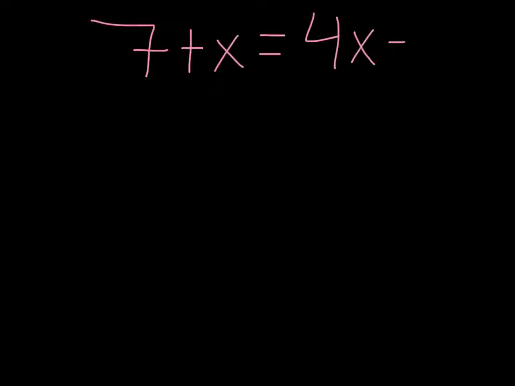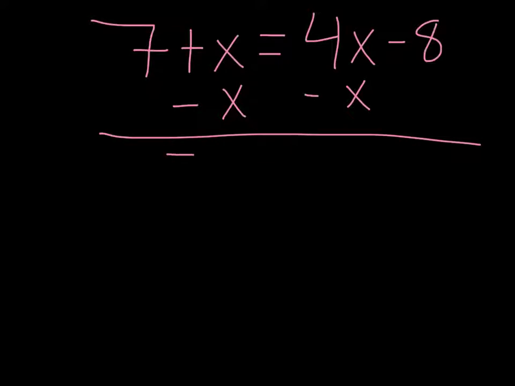Let's solve that by hand just to double check that it is correct. We have 7 plus x equals 4x minus 8. If we subtract x from both sides, we get 7 equals 3x minus 8.